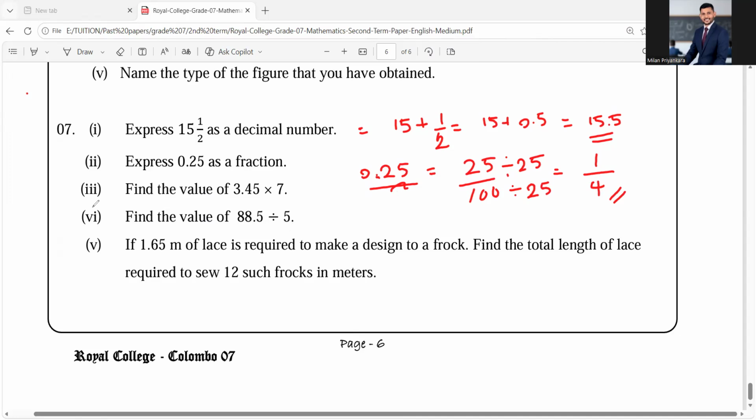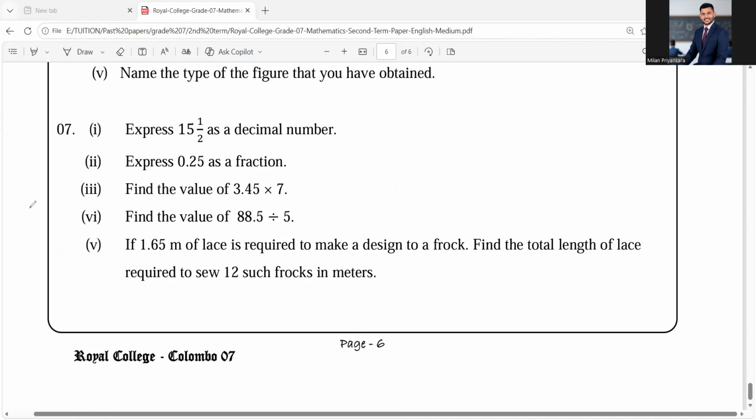Find the value. Okay, this one is simple. You write 3.45 multiplied by 7. 7 into 5 is 35. 7 in 3 carries. 7 into 4 is 28. 28 plus 3, 31. 3 carries.